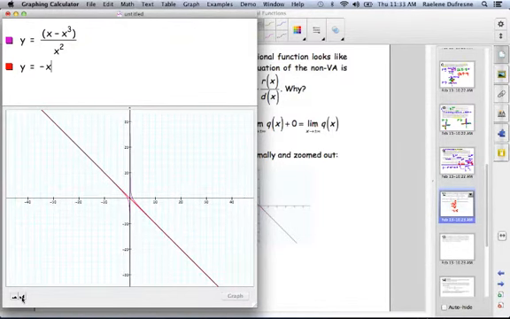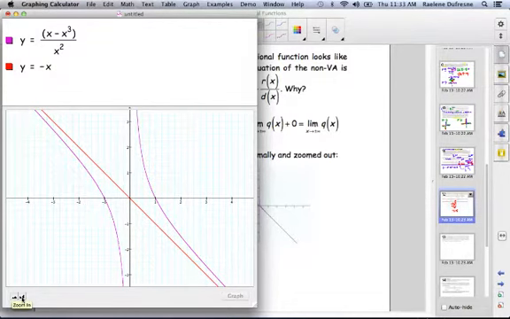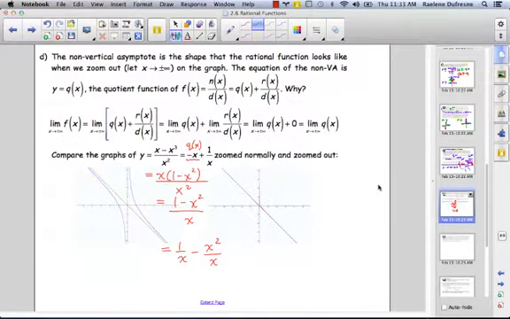If we zoom in, we can eventually see that the two graphs don't look the same. So they're not the same functions, but they have the same end behavior. They have the same zoomed out behavior. And how we get that is by looking at the quotient. So anytime we want to get the equation for the non-vertical asymptote, we do that by putting the improper fraction into proper fraction form and looking at the quotient.